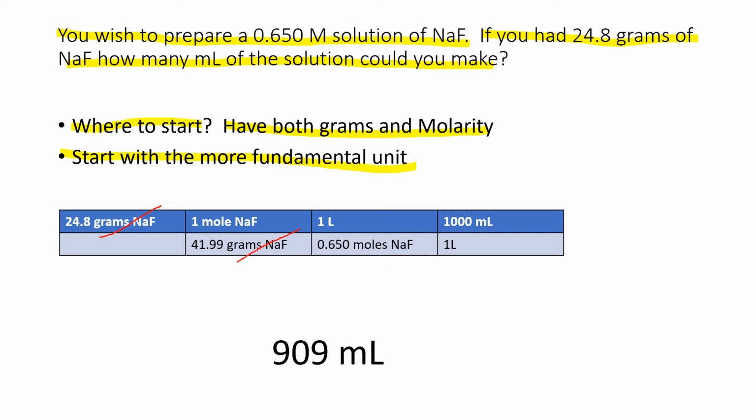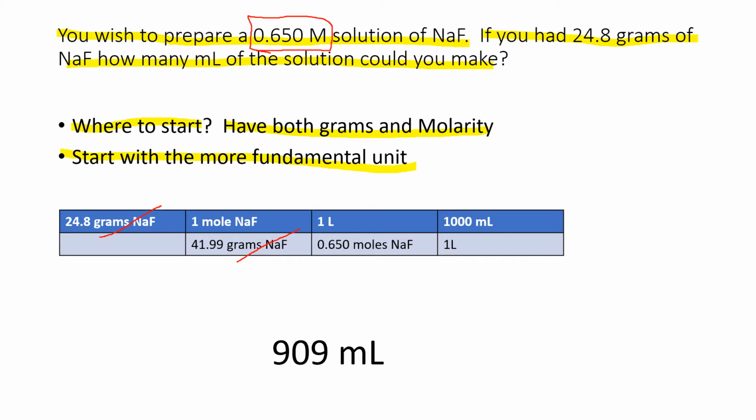We're trying to get to a volume. That's what the molarity is for. This 0.650 molar solution of NaF, that tells you how many moles of NaF it is in 1 liter. So our conversion factor is 0.650 moles of NaF and 1 liter.